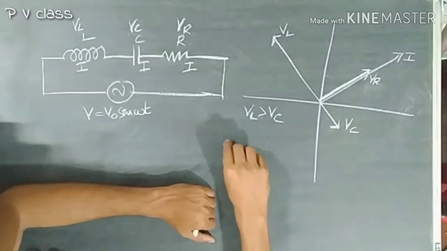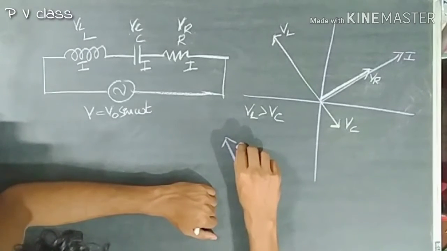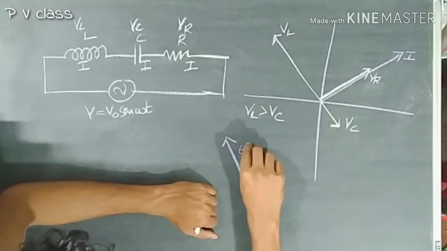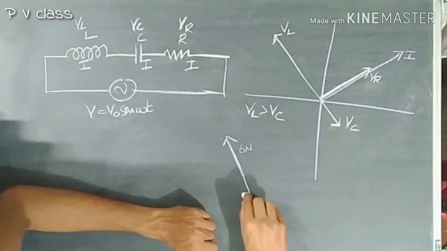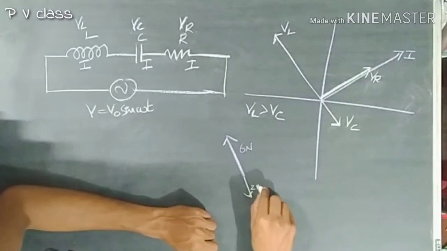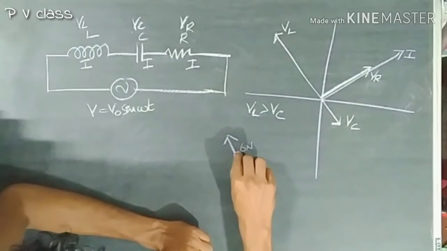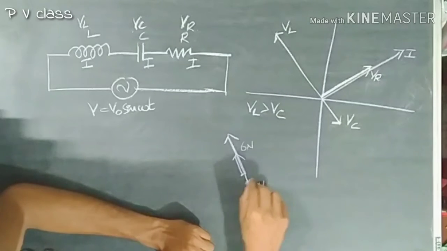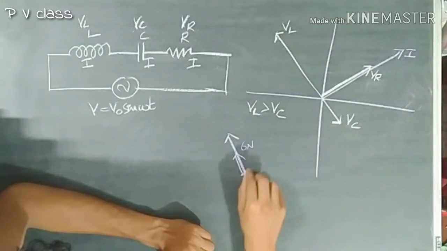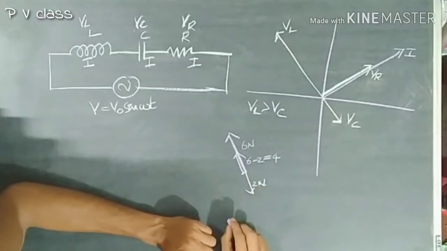And you have learned that if this is, let's assume, a 6 Newton force, and if this is a 2 Newton force, then the answer of this will be in this direction, and it will be 6 minus 2, that is equal to 4.